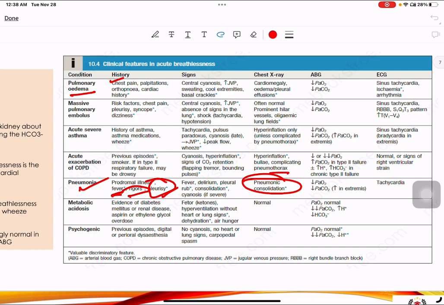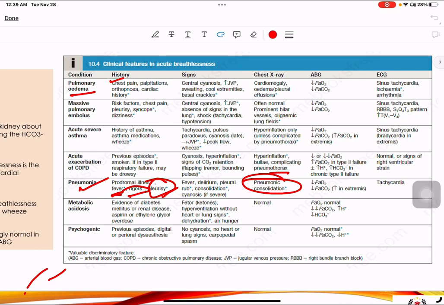On chest X-ray there will be pneumonic consolidation. There will be air bronchogram. So air bronchogram is a very important sign of pneumonic consolidation. Within the consolidation, within the white opacity, there will be some black opacity, that is air bronchogram.